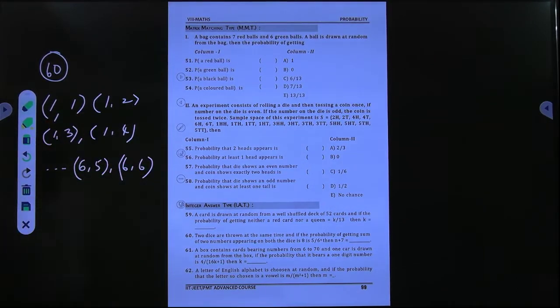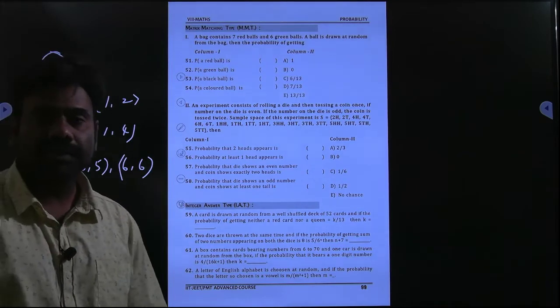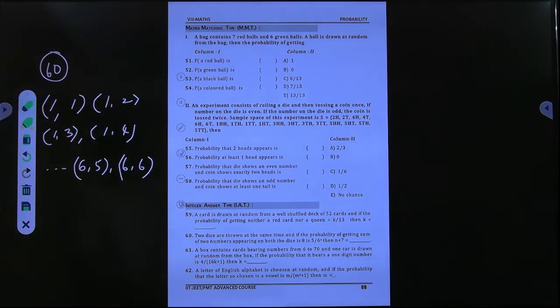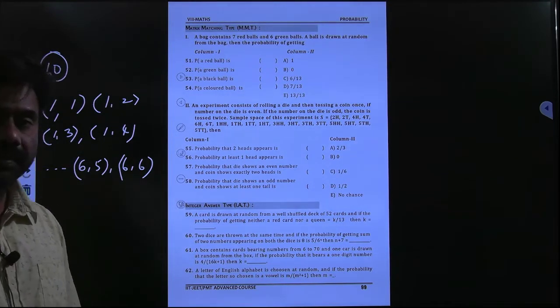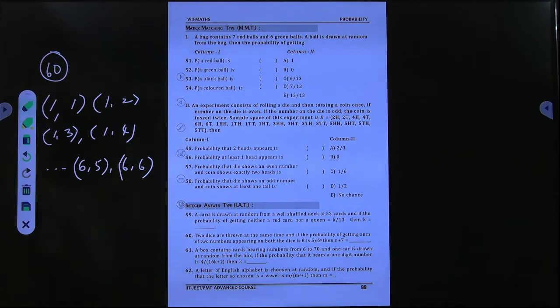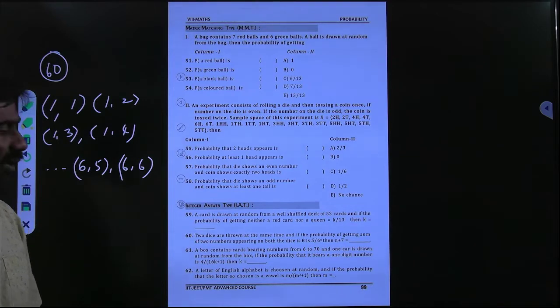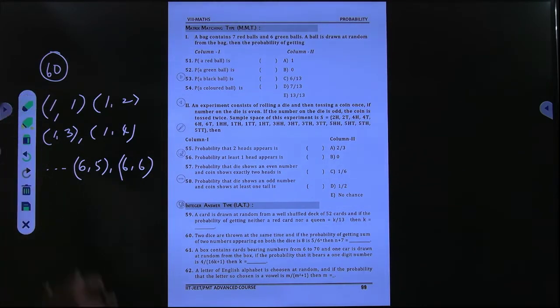Here 1 comma 1 means the first number represents the count on the first die, and the second represents the count on the second die. Similarly, 6 5 means the first 6 represents the count on the first die and 5 represents the count on the second die. These are the total possible outcomes. Out of these 36 possible outcomes, which are favorable to the event? The sum of the counts on both dice should be 8.